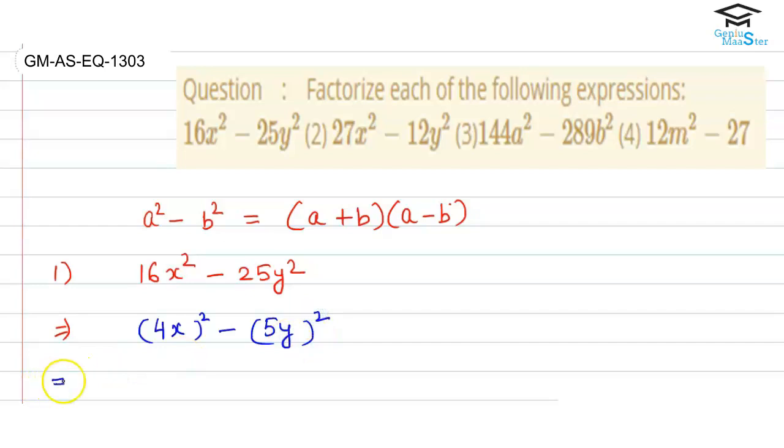So now we will further factorize it by using this algebraic identity, that is a plus b times a minus b. This means we can write it as 4x plus 5y times 4x minus 5y. So these will be the factors of this given expression.